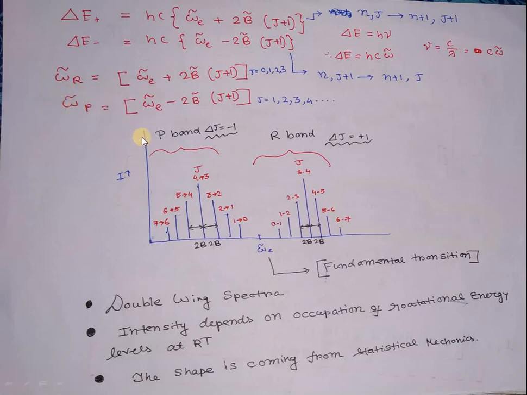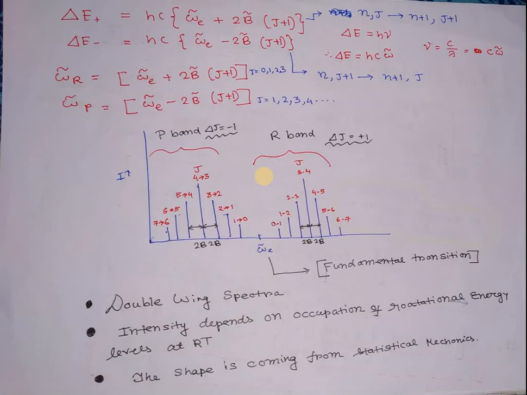So if we draw the spectrum, with the wave number, that is 1 by lambda, on the x-axis and the intensity of the spectrum on the y-axis, we will get this type of spectrum. This is basically a double wing spectrum, or it looks like a butterfly.